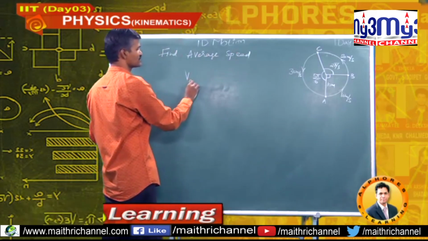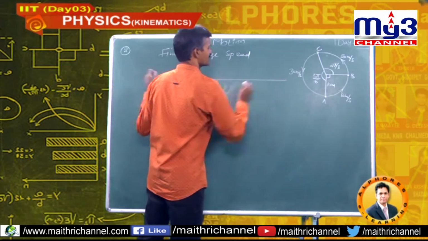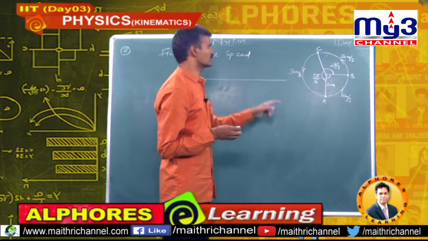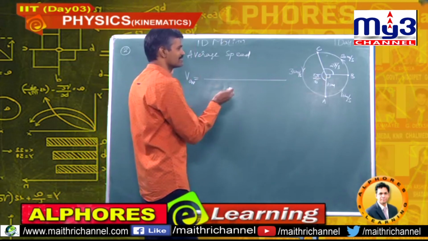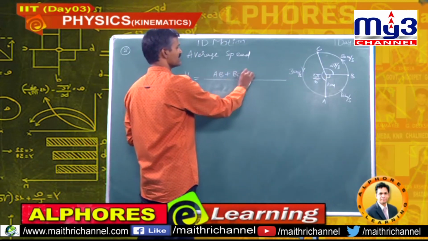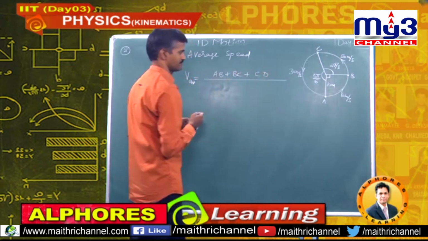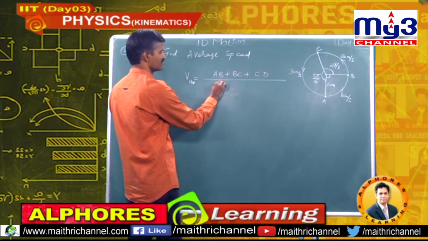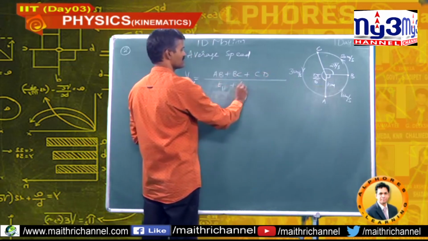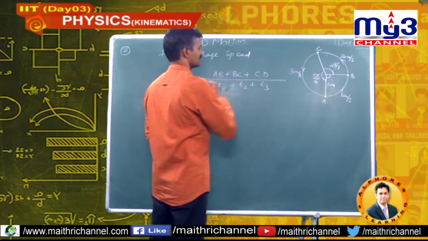This average speed is total distance travelled by the body divided by total time taken. So the total distance travelled is A to B plus B to C plus C to A, divided by the time taken for each interval, T1 plus T2 plus T3.